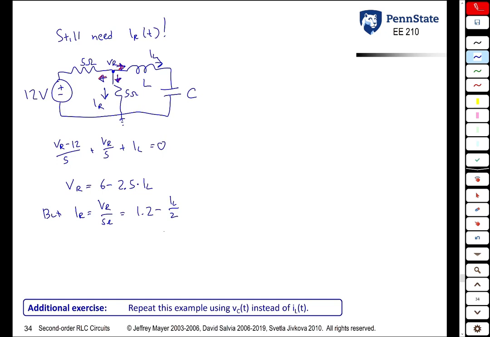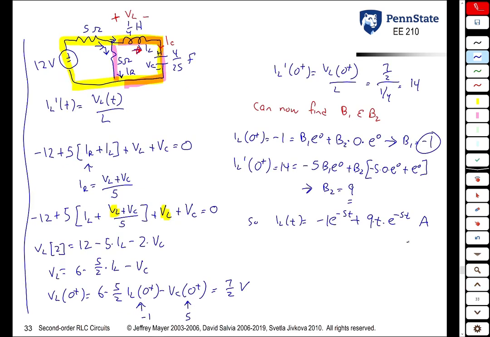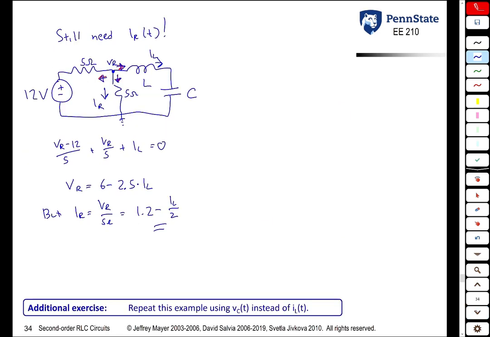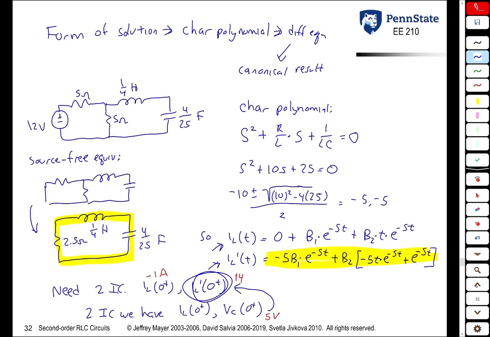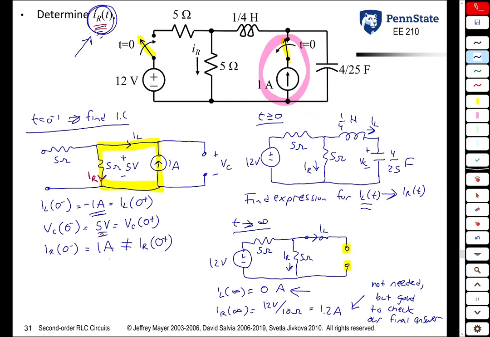So we can use this expression here and this result here to find a final expression for IR of t. So what does IR of t equal? Well, we knew from a very early step, which seemed like ages ago, that IR of 0 minus was 1 amp.